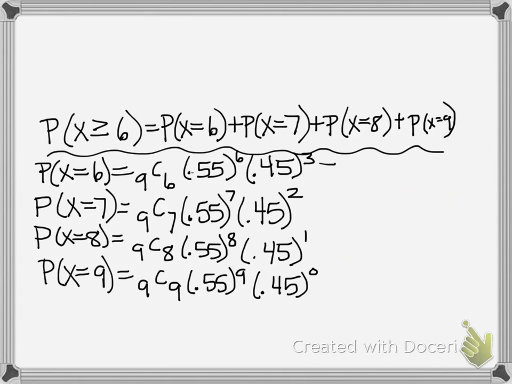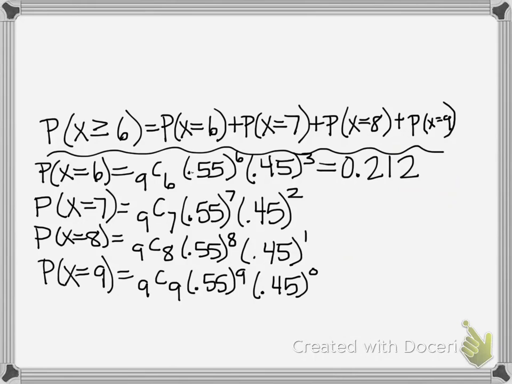Okay, so let's go ahead and start finding the individual probabilities. So this one was 0.212. Okay, I'm going to work the other ones out on my calculator, and you can do it right along with me if you want. I probably should have figured these out before I started recording, but that's okay.